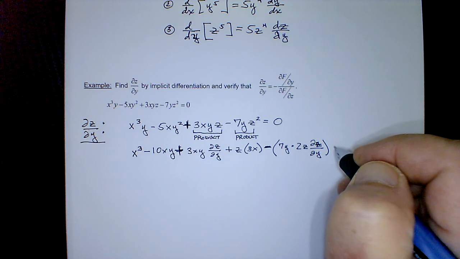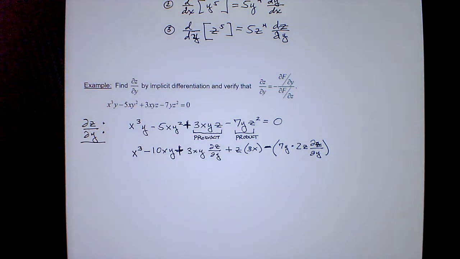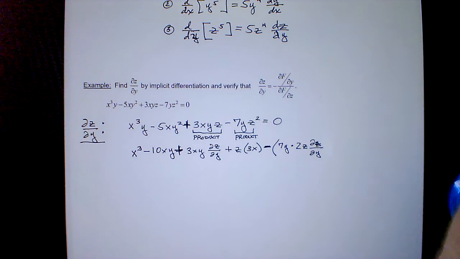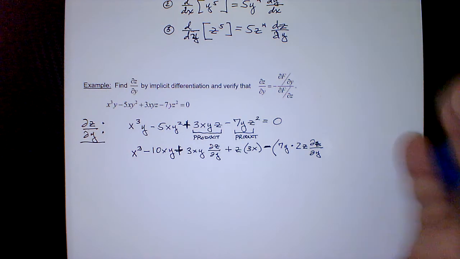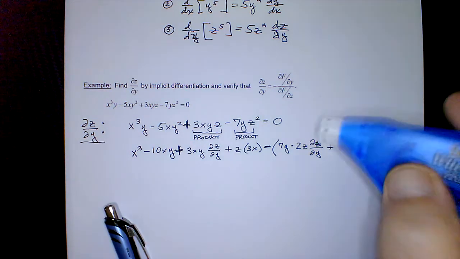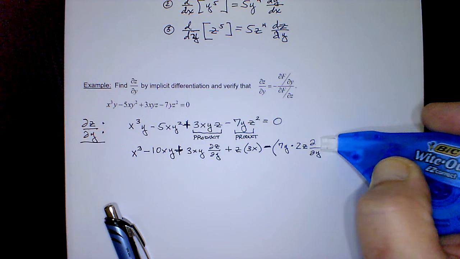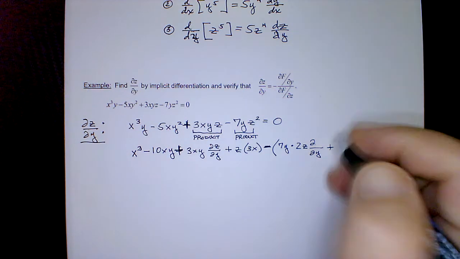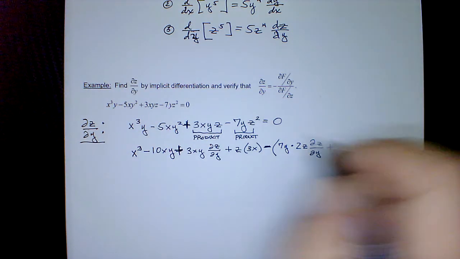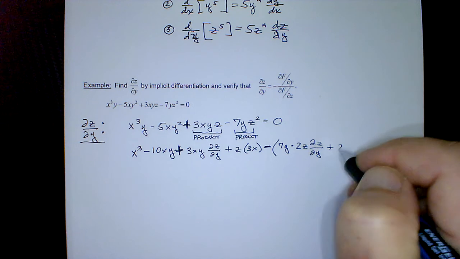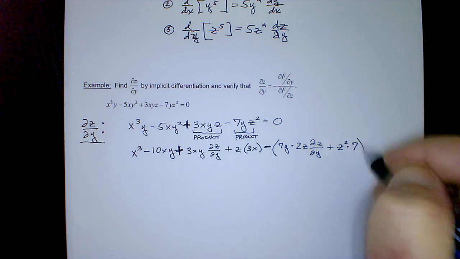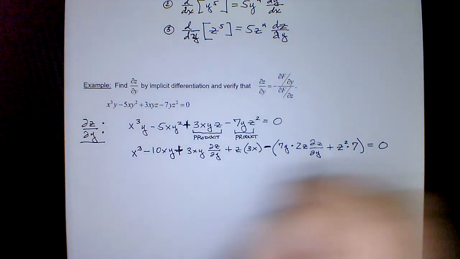And then plus the second factor, z squared, times the derivative of the first, and that would just be 7. And that's equal to 0.